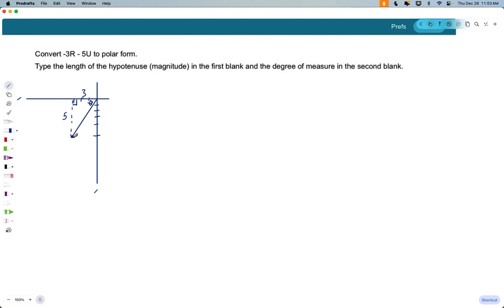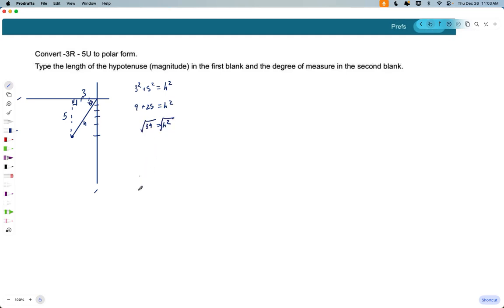So in order to find the hypotenuse, all we have to do is use Pythagoras' theorem. So 3 squared plus 5 squared is equal to, let's call this h squared. So we have 9 plus 25 is equal to h squared. That is 34 is equal to h squared. We take the square root of both sides.